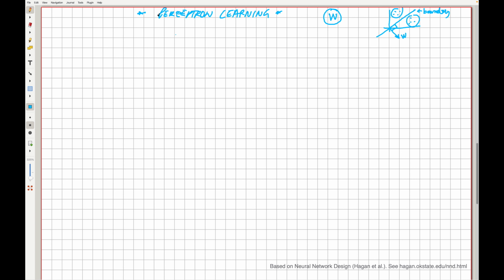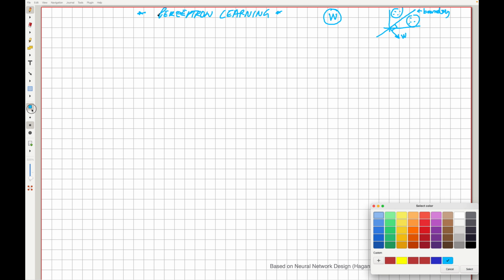So to get started, what we'll do is first look at some of the changes in notation, and to do that I'm going to first draw the architecture for the perceptron network. We have seen that previously, but this is just going to be an addition of what we already know.